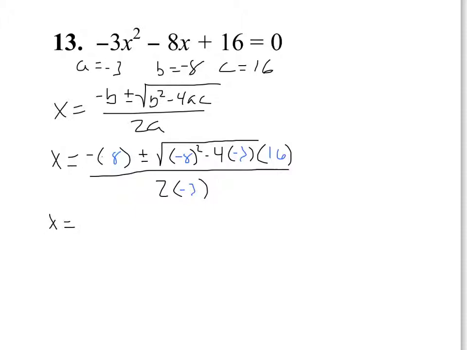So -8, +8. Yep. Plus and minus the square root of -8 squared. 64. And now we've got -4 times -3, +12. +12 times 16.